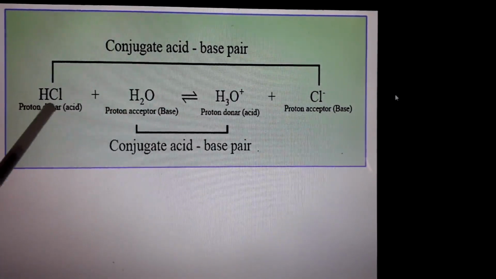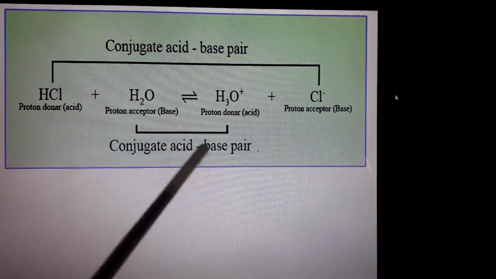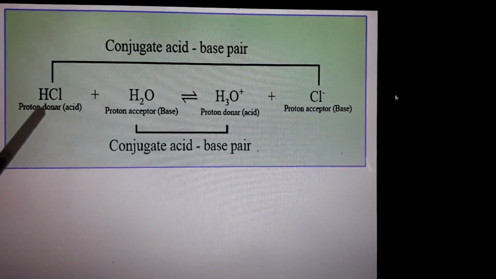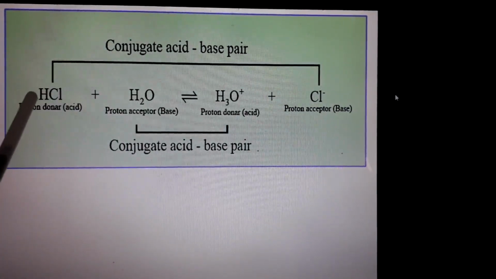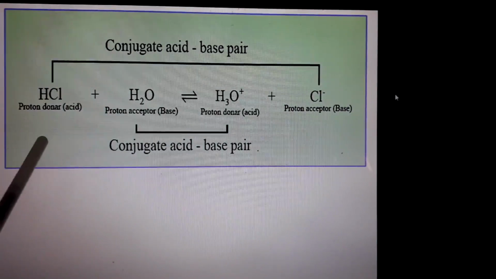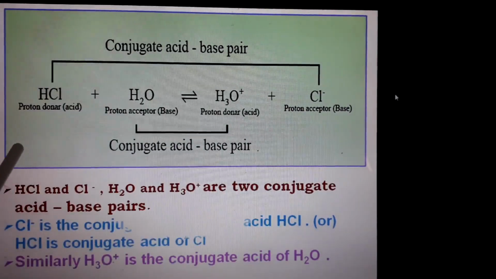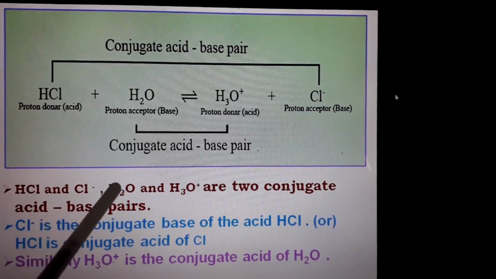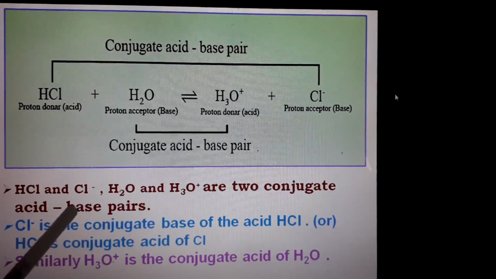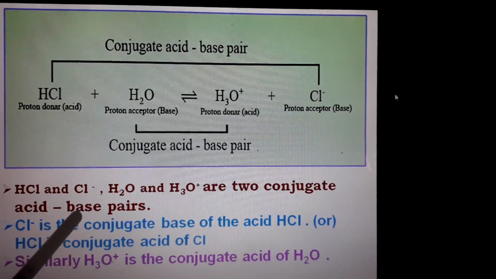So HCl and Cl minus are a conjugate acid-base pair, and H2O and H3O plus are another. There are two conjugate acid-base pairs in this equation. Okay?